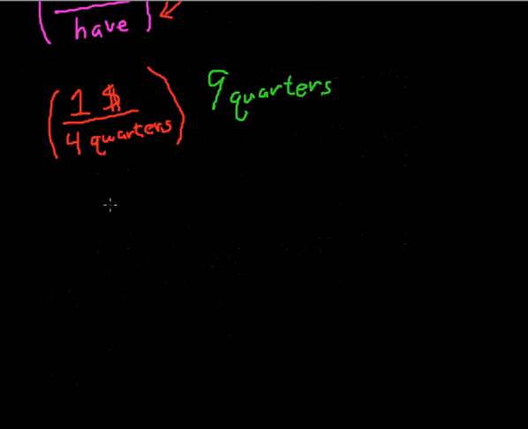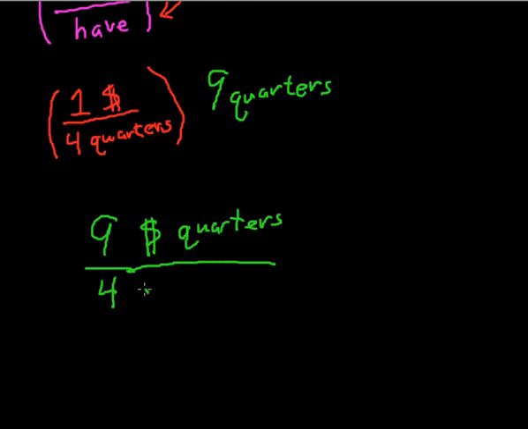We will see that we have 9 times 1 divided by 4. We'll get 9/4, and we're going to get dollars, quarters, divided by quarters.